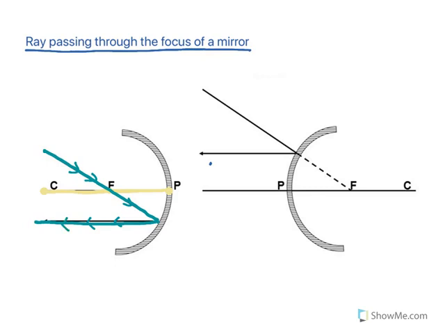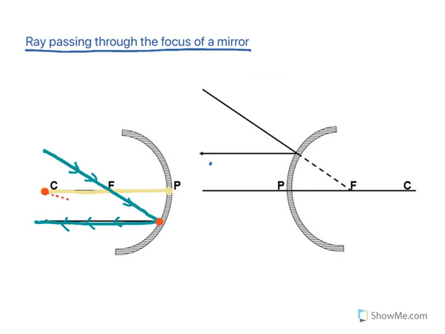Now it's time to mark the angle of incidence and the angle of reflection. So we first draw the normal. To draw the normal, we need to join the center of curvature to the point of incidence. That is our normal.